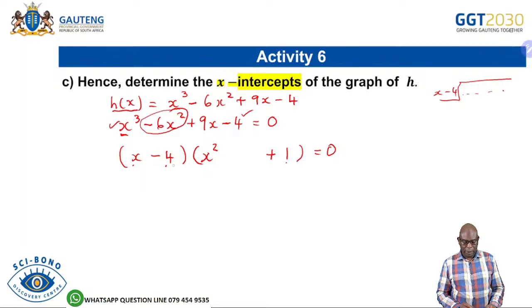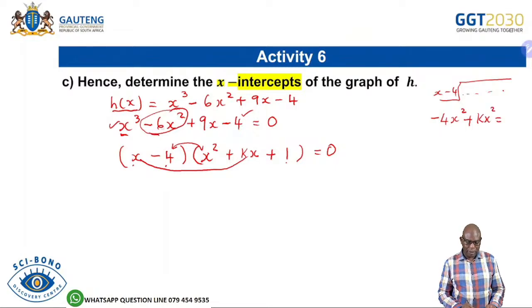I must multiply this one first, so I'll get minus 4x squared. Then I can say plus kx. If I multiply these two here, I'm going to get plus kx squared, and this answer I must get negative 6x squared.